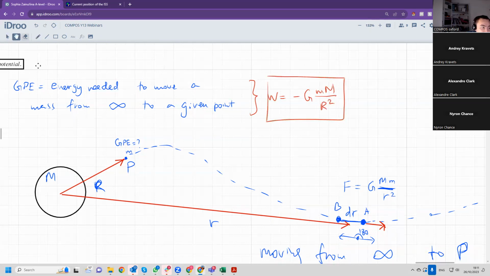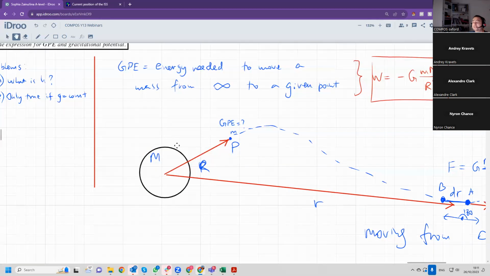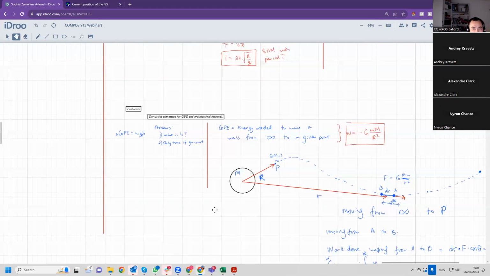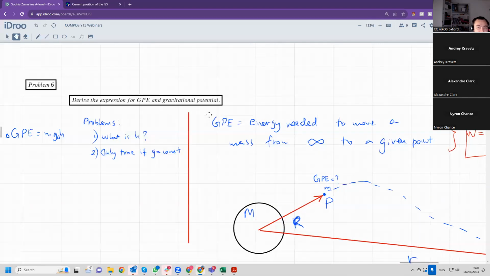So the gravitational potential energy is now expressed as an absolute value. If you are near a massive object, your gravitational potential energy is minus GM over R squared. So gravitational potential energy, so the answer.